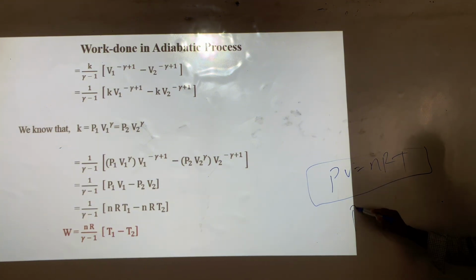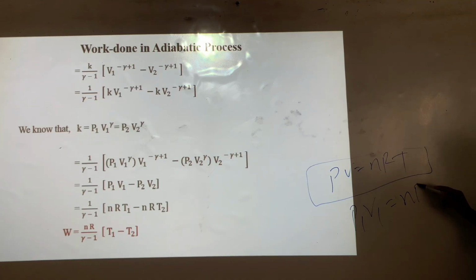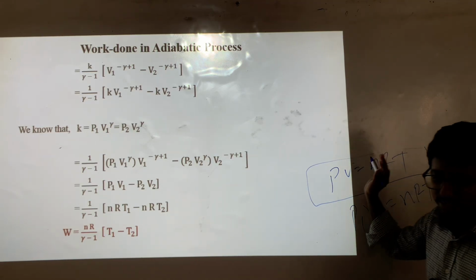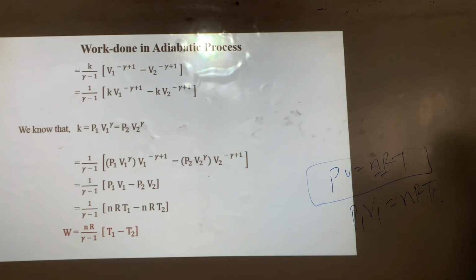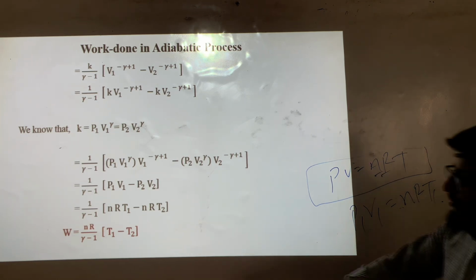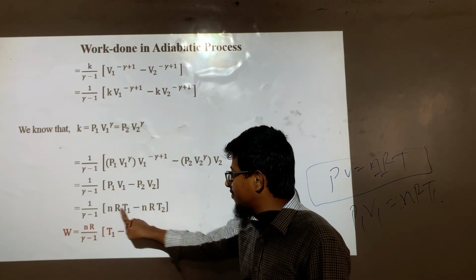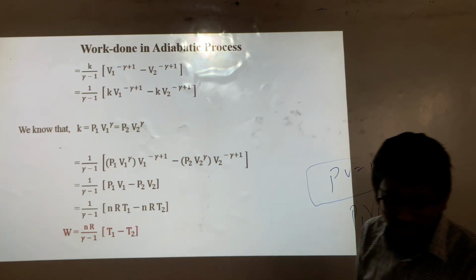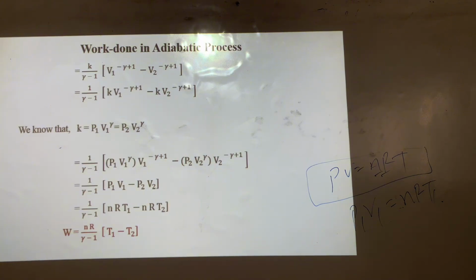So for P1 V1, your temperature is T1, but nR is always constant, whether you change the system or not. So for P2 V2, you will have nRT2. Hence, I plugged in P1 V1 is equal to nRT1 and P2 V2 is equal to nRT2. I have taken nR as a common quantity, and I have the line that was desired. Do you have any confusion on this slide?